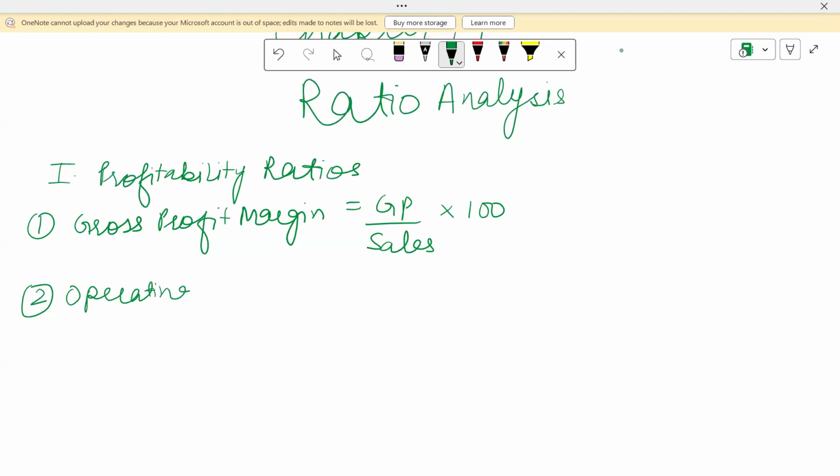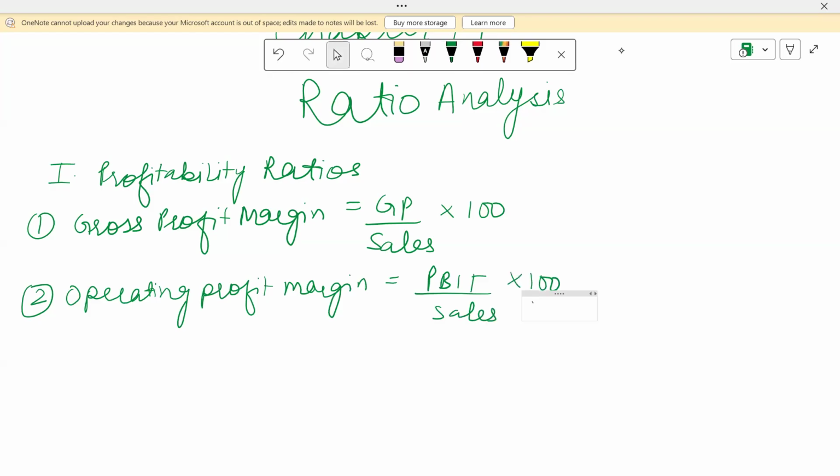Now the next one is your operating profit margin. Over here, your numerator becomes PBIT, which is profit before interest and tax. You divide that by sales and you multiply it by 100. So you get your operating profit margin.